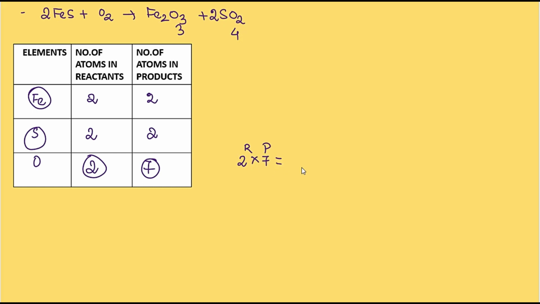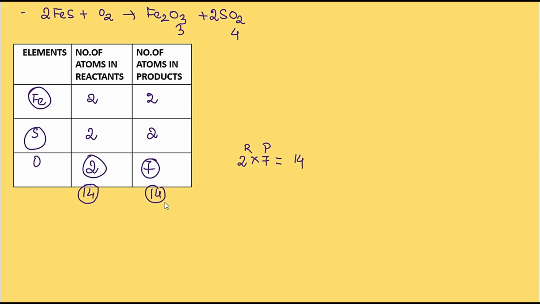If we place 14 atoms of oxygen on the reactant side, and 14 atoms on the product side, then the number of oxygen atoms will be equal.